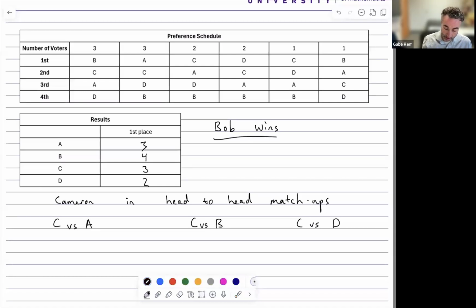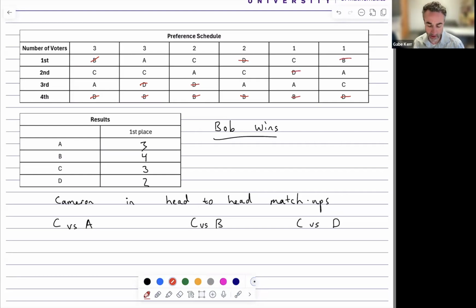I will get rid of Bob and David in this case. In other words, we'll cross out their showings in the various ballots in the preference schedule.